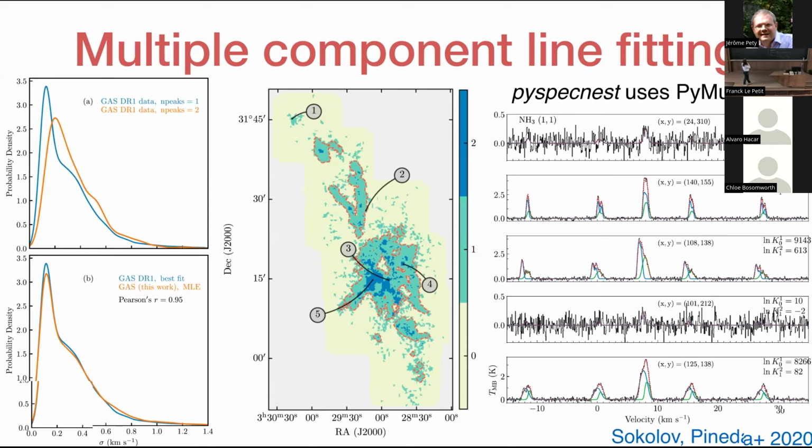And if we look at the line widths, then the red and the blue shows the difference between one and two components. So it can shift the line widths a little bit. But if you compare with what we do, finally, it's similar, but it doesn't affect it. There are not enough pixels with that many multiple components to make an effect on the overall distribution.